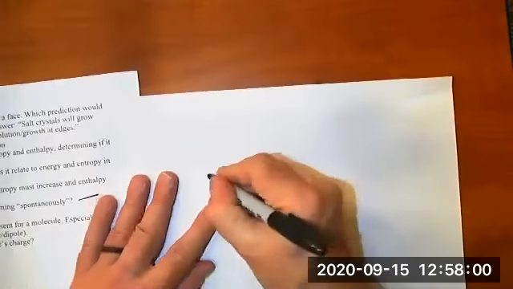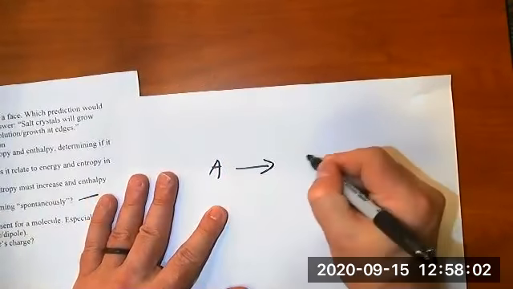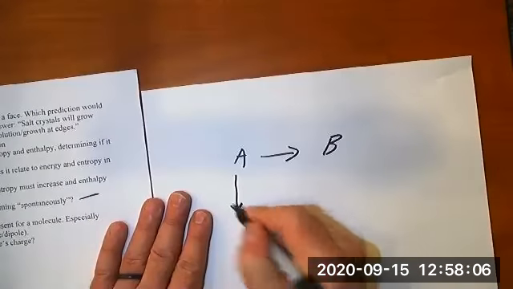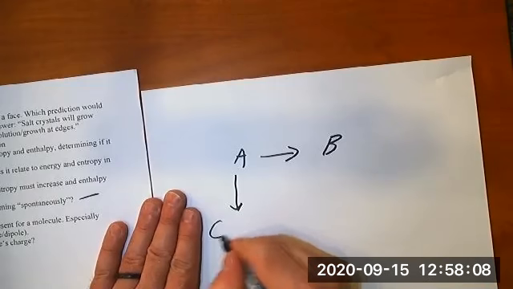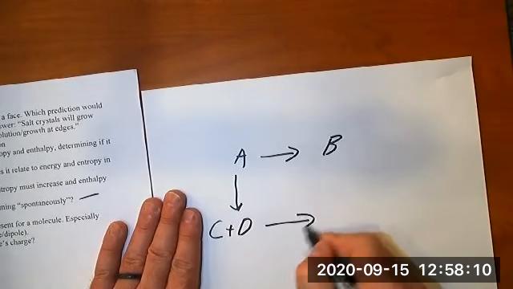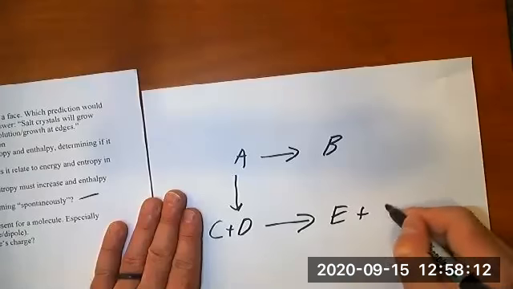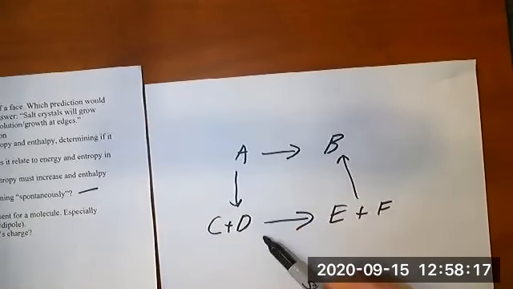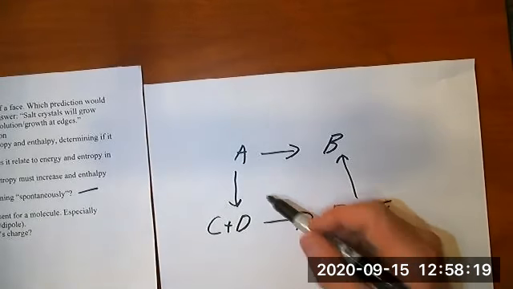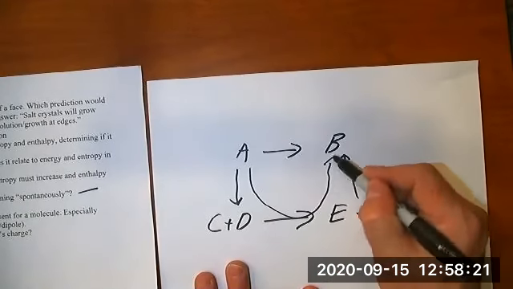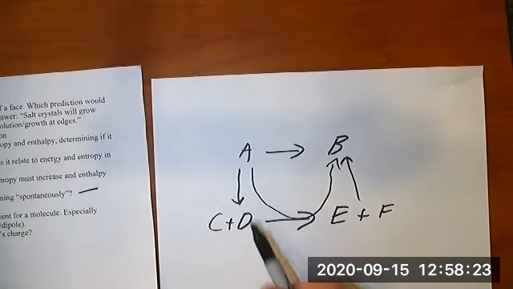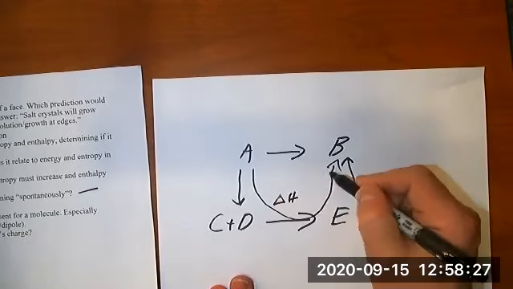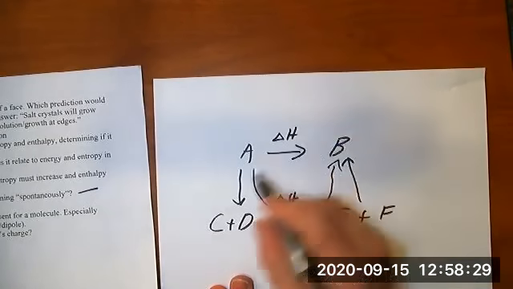So what that means is that for any reaction we have, A goes to B, we can construct an alternate pathway. If we get to the same place, then the delta H for this path has to be the same as the delta H for that path.